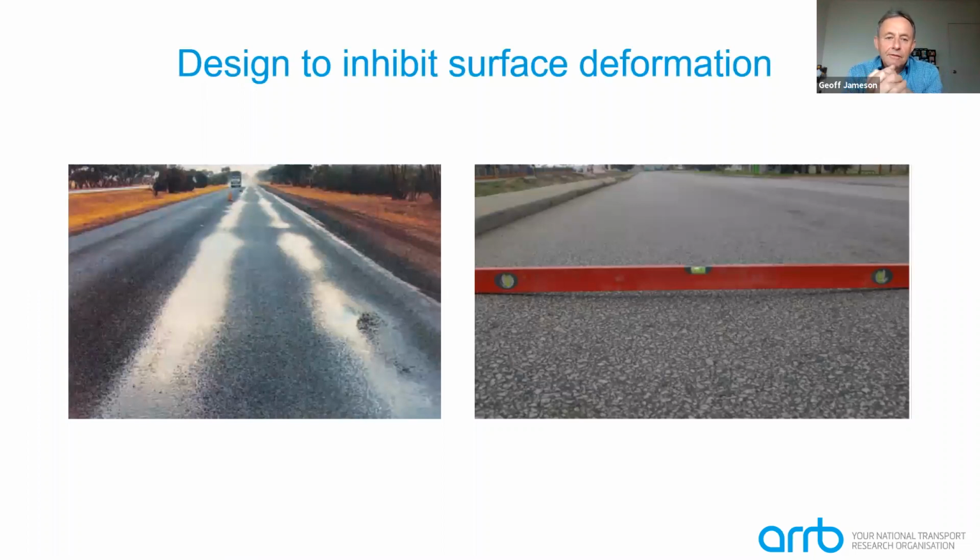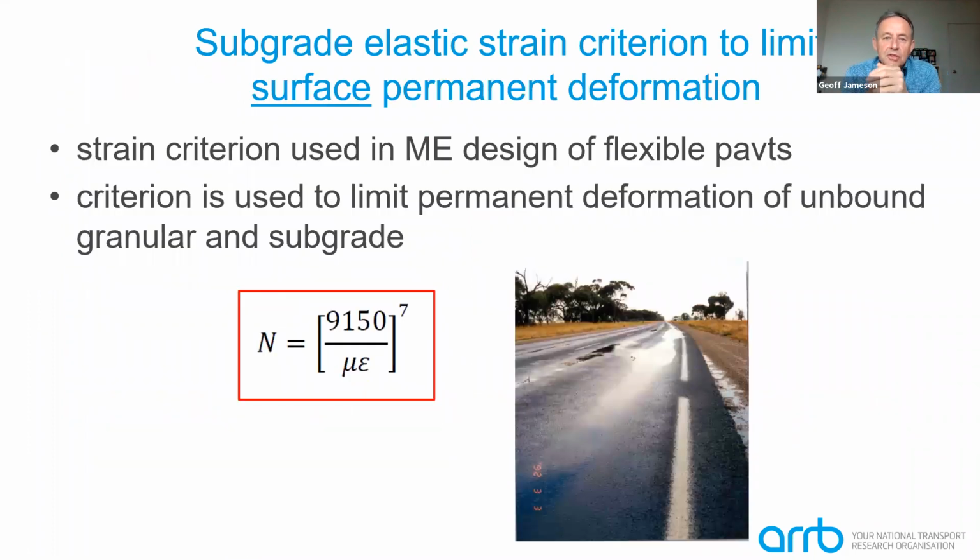So what we design for is the surface deformation, or the surface rutting, if you like. And we use what's called the subgrade elastic strain criteria. Now, it's a misnomer that we've used here, because people get confused. The immediate thought is often that we're predicting the subgrade permanent deformation from the subgrade elastic strain.